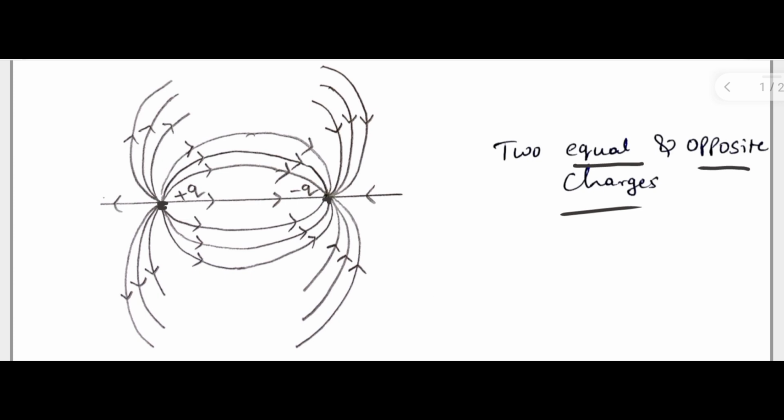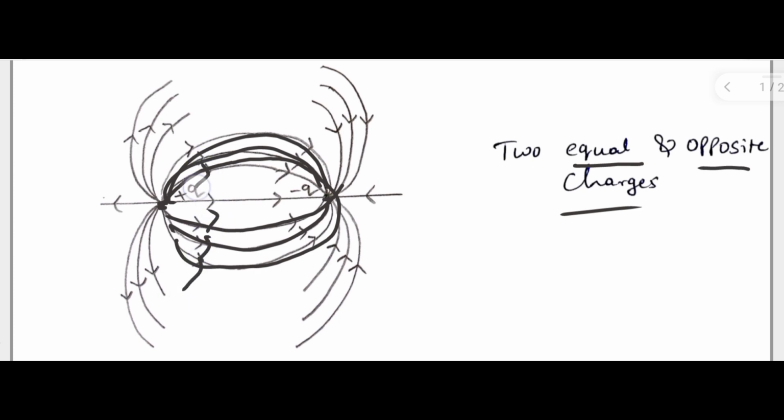That's why we observe closed structures here, and we have to mention the arrows. Arrow marks you should mention, and like that you have to draw all possible lines.